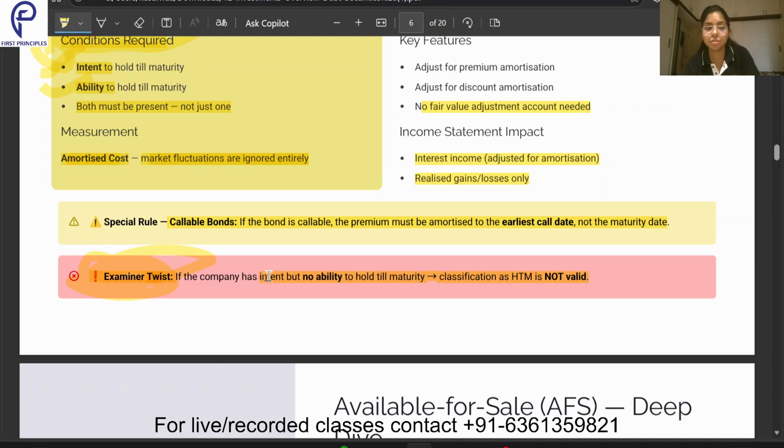It has the intent, the will, but maybe not sufficient cash or resources to hold it till maturity. In that case I am not going to term it as held to maturity, because both intent and ability should be there.